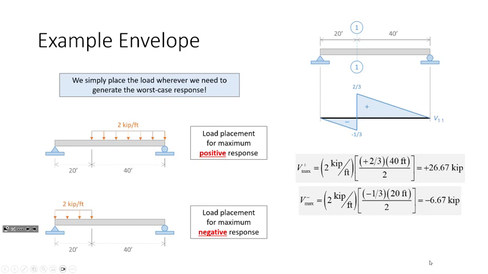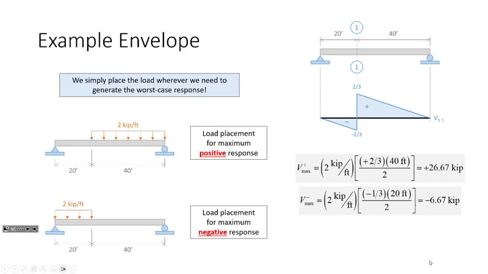Because the beam is 60 foot long. And I propose that at X equals 20, we have a positive shear of 26.67 and a negative shear of negative 6.67. Are you with me on that?